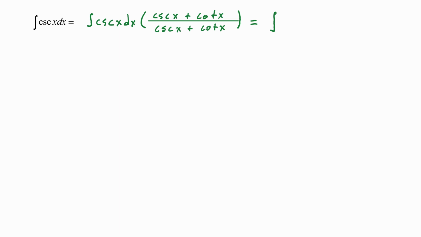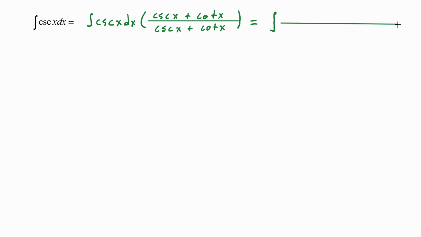So once again, we will want to multiply cosecant of x dx by a clever form of 1. And this time, the form of 1 we will use is cosecant of x plus cotangent of x over itself. Now this is going to equal the integral.